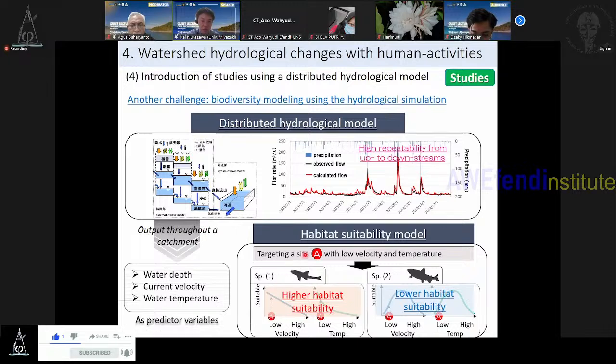So this is our habitat suitability model, and I have been trying to develop better habitat suitability models targeting stream animals, including fish and macroinvertebrates. So this is a brief introduction of my ecological study using the distributed hydrological model.